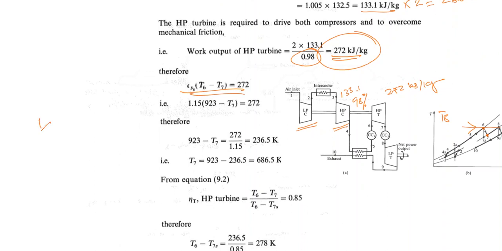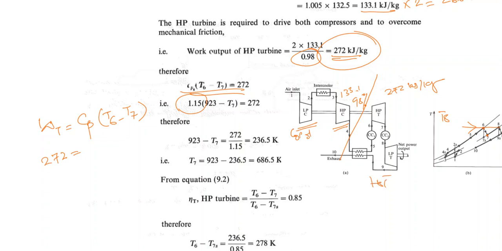So if I've got the first stage of the turbine, the formula would be like the work done of the turbine would be equal to Cp(T6 minus T7). That is the actual T7, not the isentropic. So work done would be equal to 272, and that is Cp. Now, the Cp I'm using over here is 1.15. At this moment, this is my cold air side, and this is my hot air side.